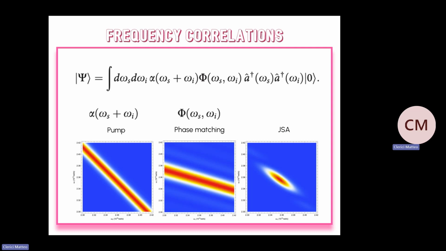These are basically just the electric field of the pump that you use for creating your single photons, and the phase matching of the nonlinear crystal that you use for your SPDC. The product of these two functions is what is usually called the joint spectral amplitude.